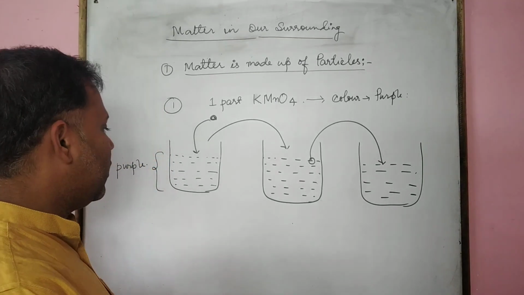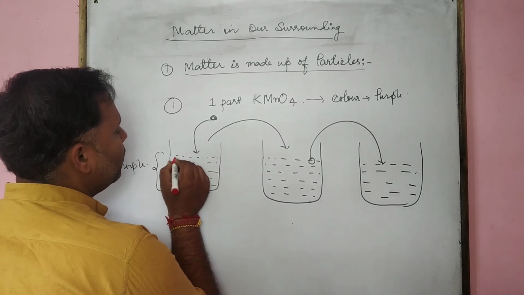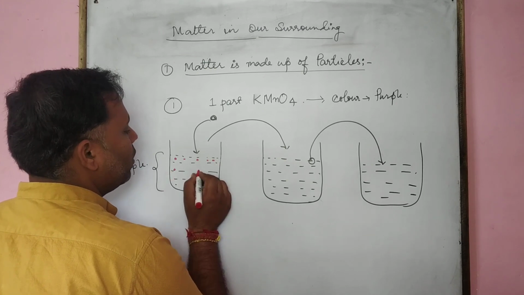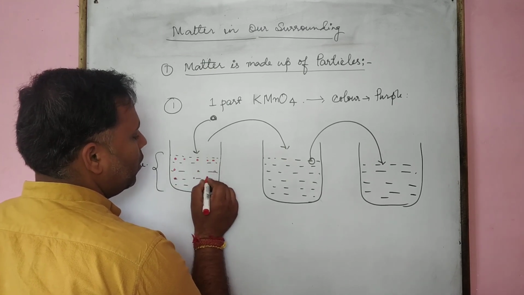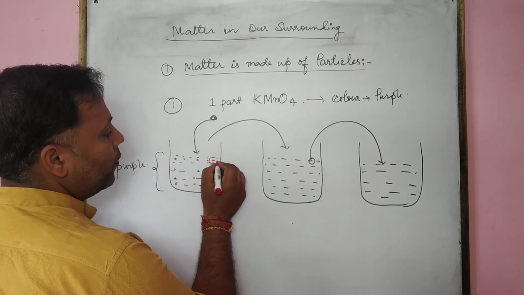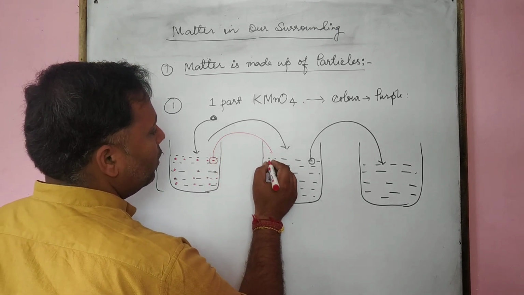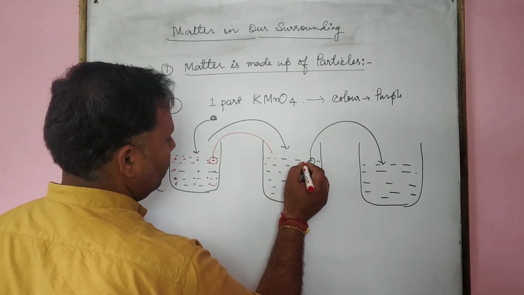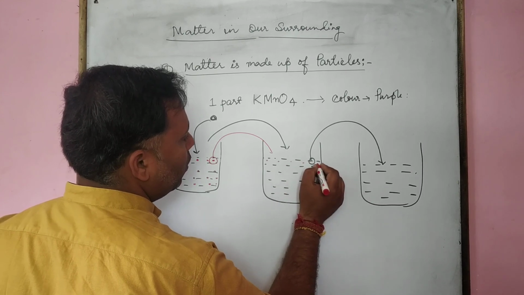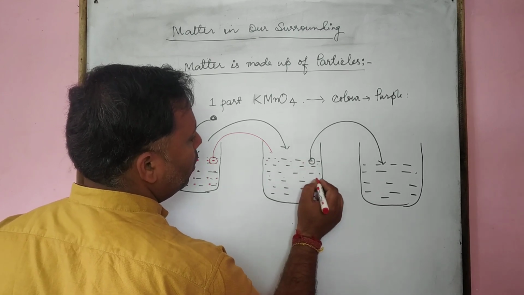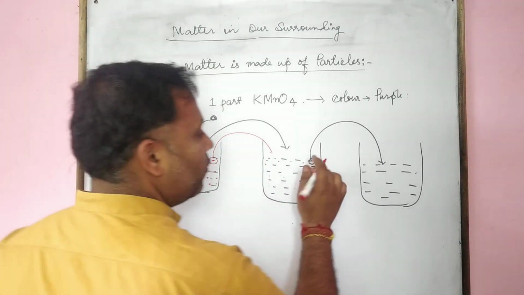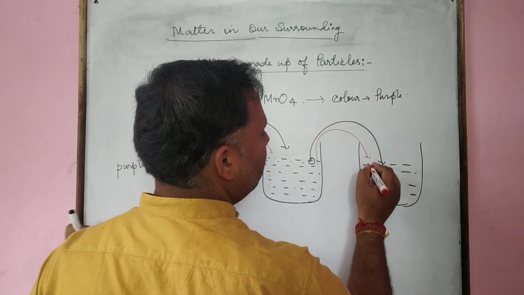Let us see with another example. Suppose this is potassium permanganate. When we take one drop from here and place it into another beaker, it is further broken down.